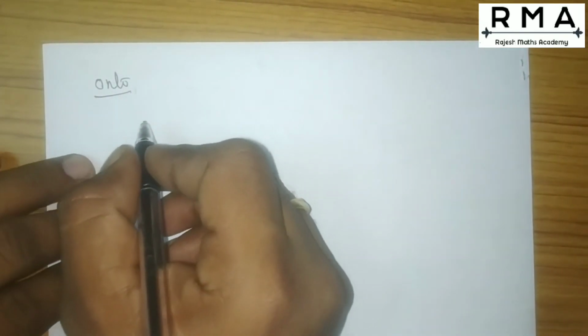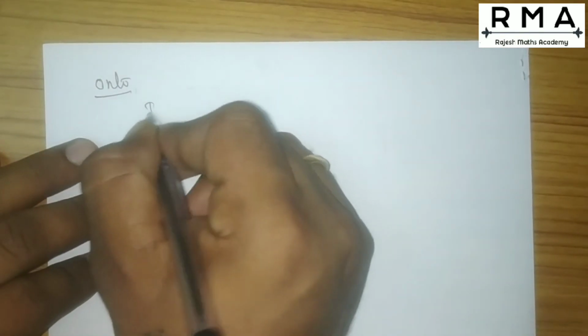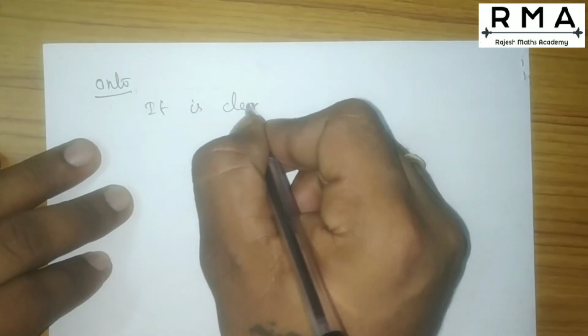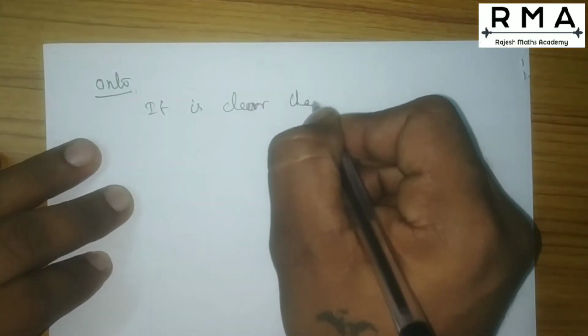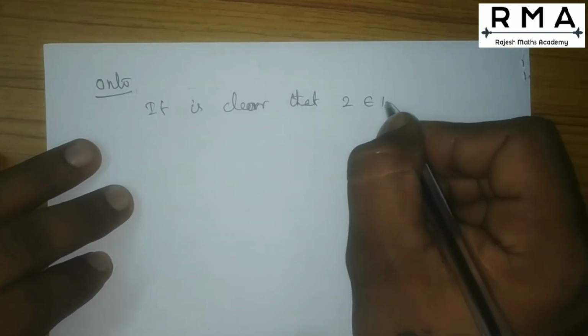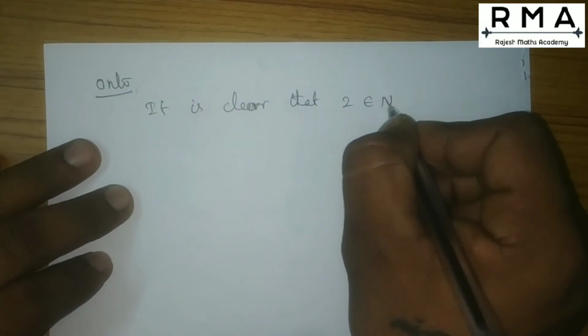So onto. I already said how to write the onto proof. It is clear that 2 belongs to the natural number set.